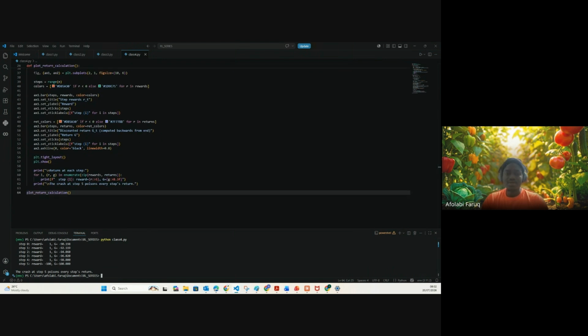Now, the next thing we are going to be looking at here is log probability intuition, which we are also going to plot a graph for.